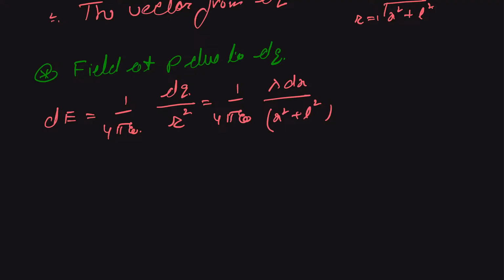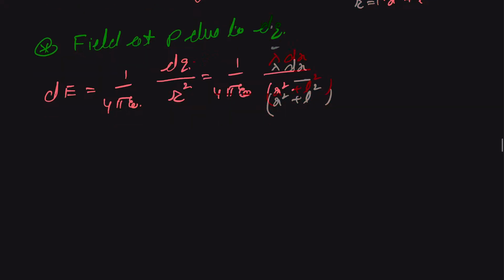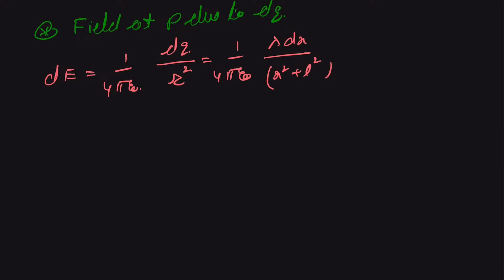And we can write the unit vector. Our r unit vector will be equal to minus x x-unit vector plus L y-unit vector divided by the square root of x square plus L square.